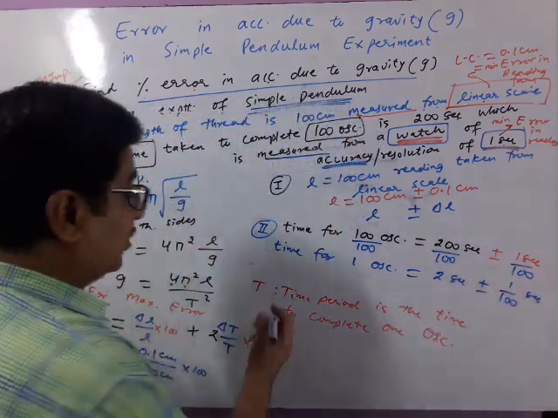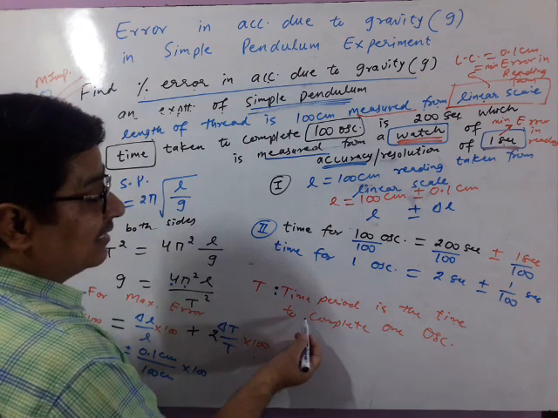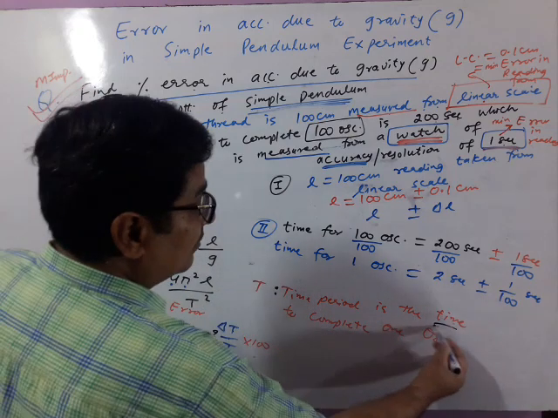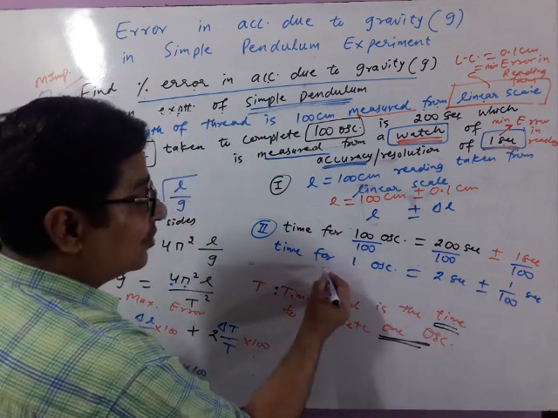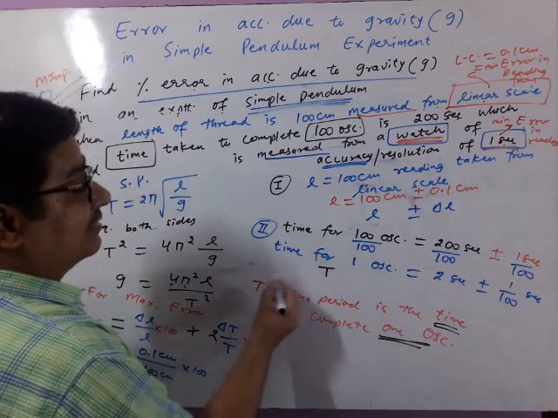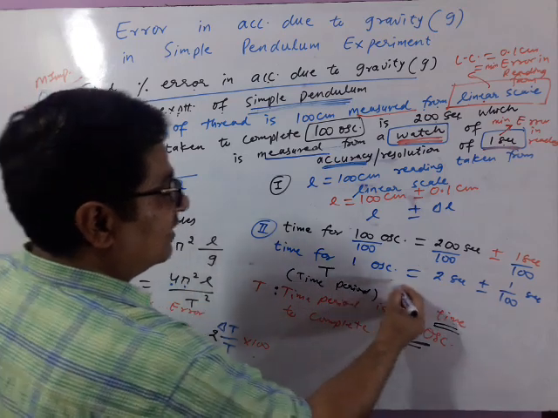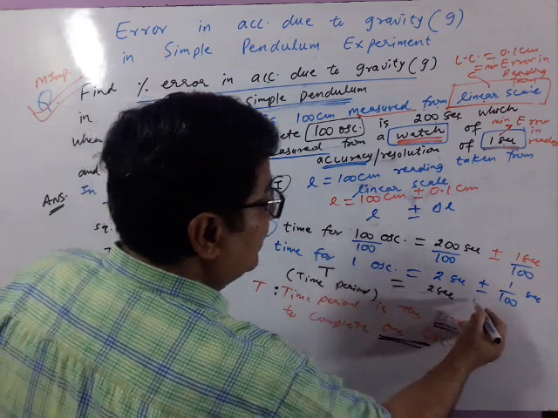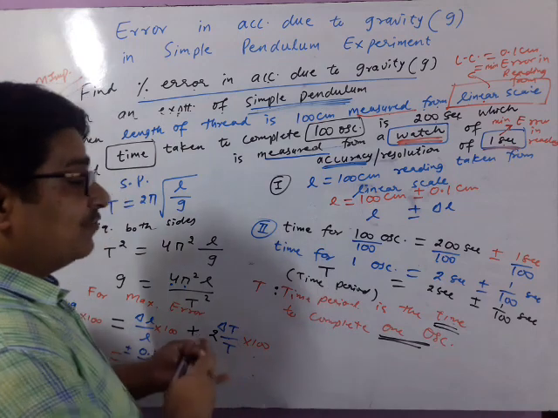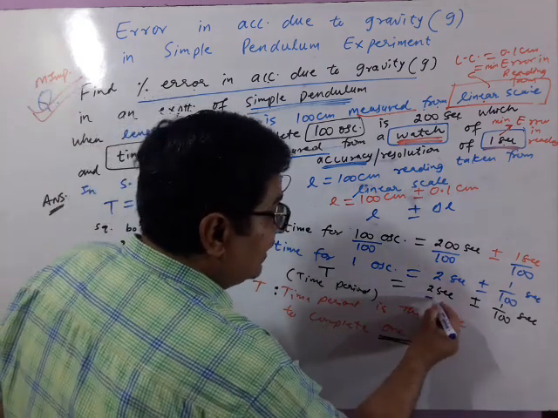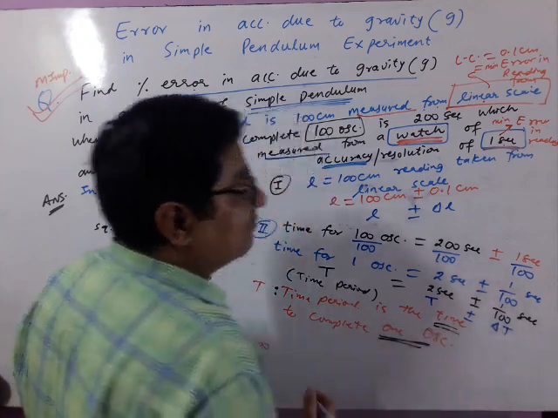Now apply the concept of time period. Time period is the time to complete one oscillation. See, it is time for one oscillation. So this is called time period. And it is 2 seconds plus minus 1 by 100 second. So when it is time period, so it is actual value of time period and it is error in time period.